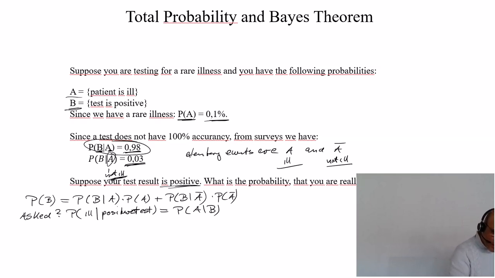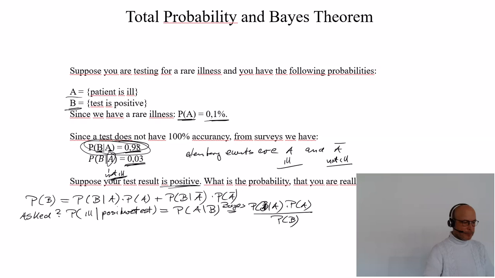But we know only this probability here. And now from Bayes' theorem, we can write this conditional probability as P(A given B) equals P(B given A) times P(A) over P(B). And with this, we can just calculate everything.